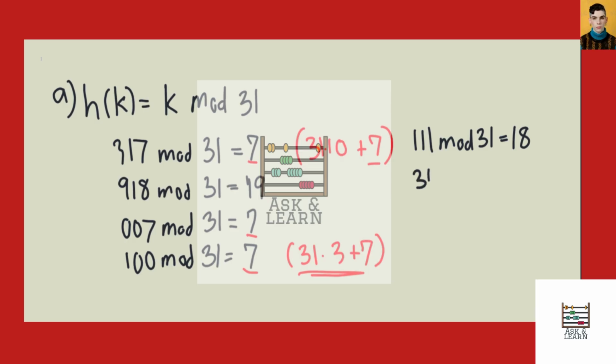And then we have 310 mod 31, and the remainder there will be 0. So this one would give us, of course, 31 times 10 plus no remainder.